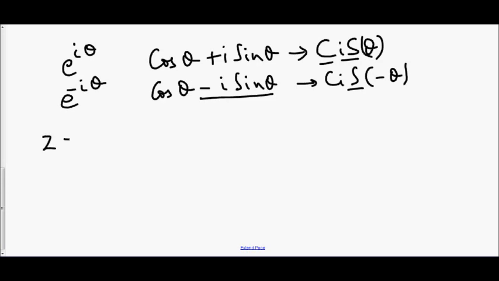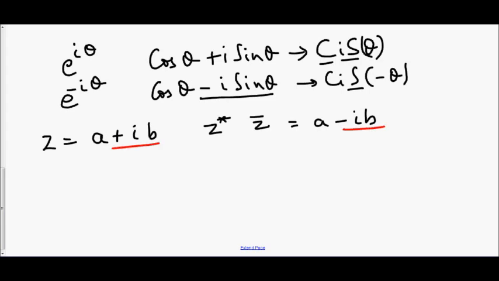Also, usually z is the letter given for any complex number. If z is a plus ib, then the conjugate, which can be written like this or like this, is equal to a minus ib. Only the imaginary part is negated.